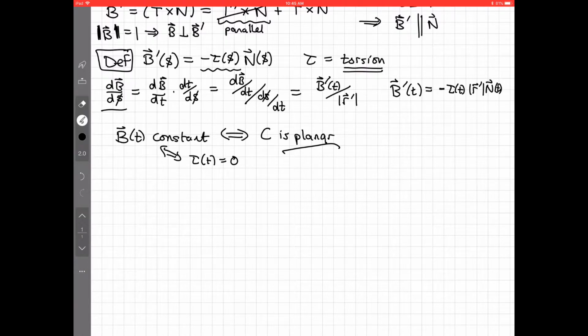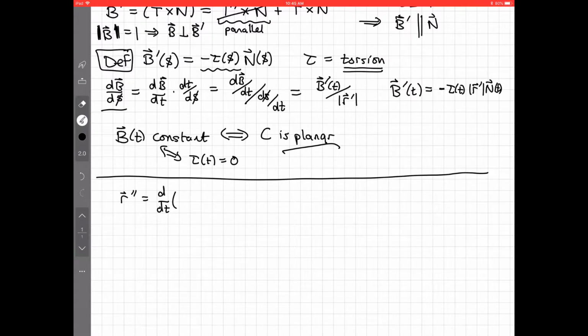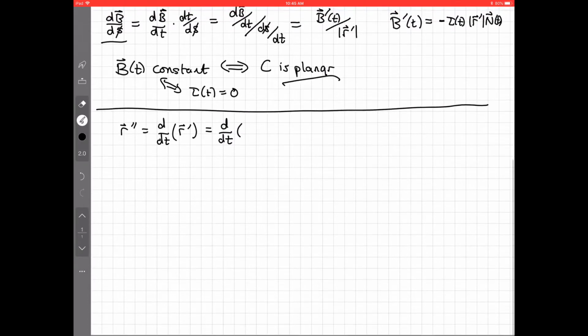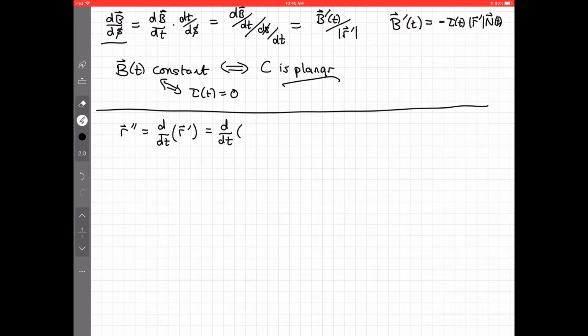Okay, now let's come back to our other issue. Here we wanted to talk about the tangential and normal components of acceleration. Keep in mind, acceleration is the second derivative of r, so this is d/dt of r prime. But wait a minute, we know that r prime is the same thing as the length of r prime times t, right?